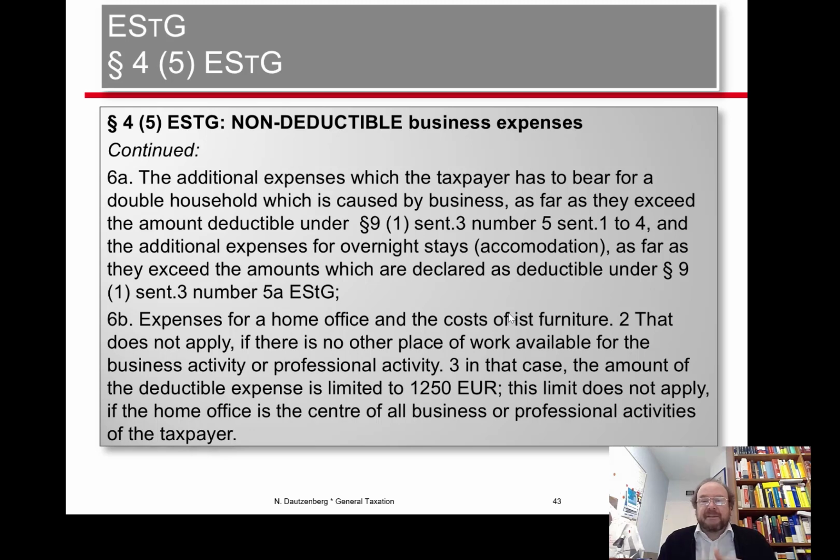Also, sometimes a taxpayer has to establish a second household. You have then also additional expenses. They are in a certain way private, but the fact that you have to finance two households cannot be sufficiently explained by private motives. That can only be overwhelmingly explained by the business motive. So imagine you live with your family in Munich and you buy a firm in Hamburg, and the firm in Hamburg requires that you work there 4 days a week and supervise your newly acquired employees.